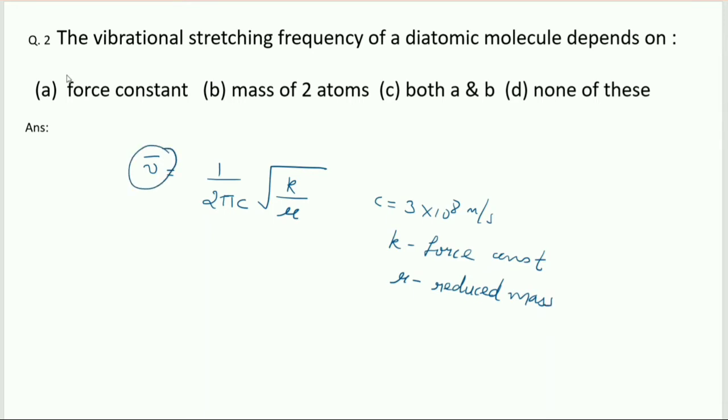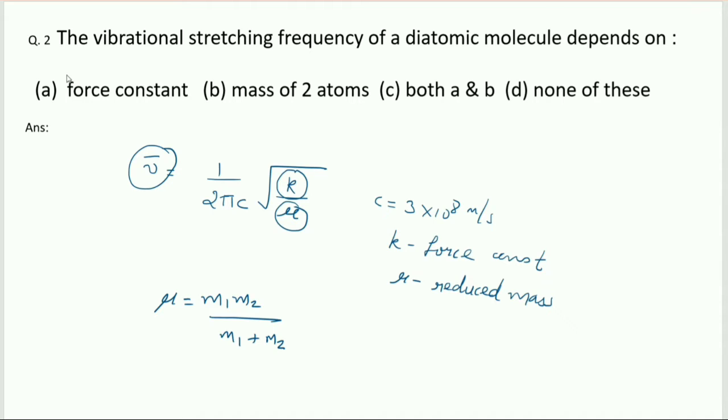So the vibrational stretching frequency of a diatomic molecule depends upon force constant and reduced mass. So what is reduced mass? Reduced mass is M1 M2 divided by M1 plus M2, where M1 and M2 are the masses of the two atoms.